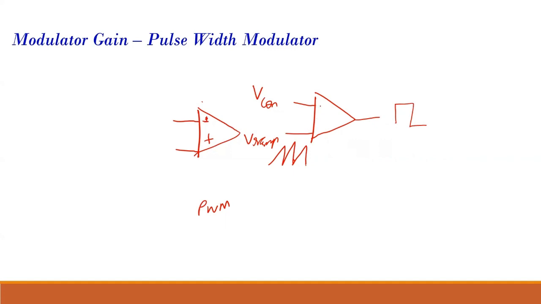So when my V-con is high, the output will come out high. This will be the output Q. This is the pulse width modulator.